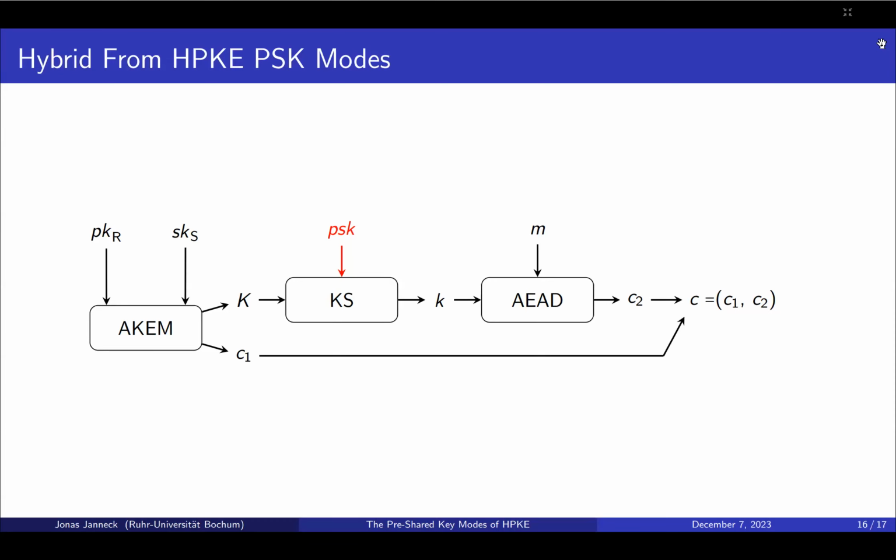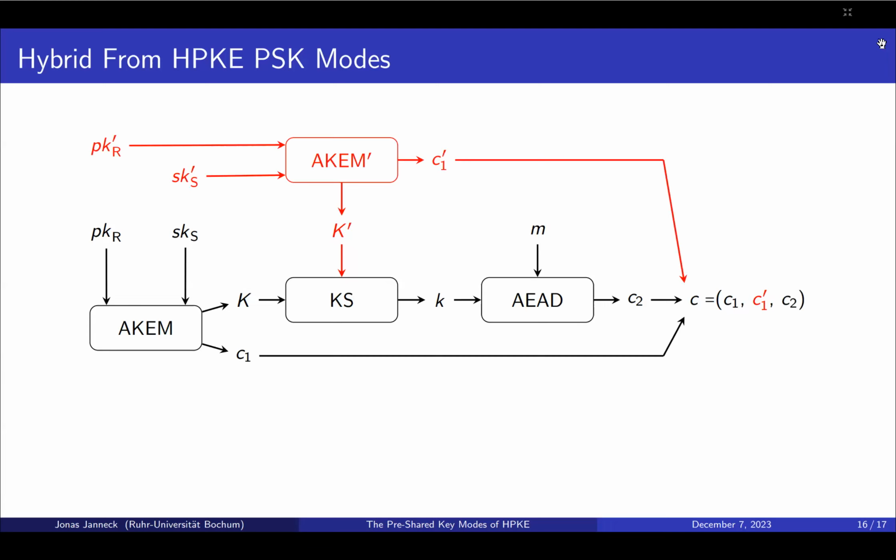So we have the standard HPKE, and the key schedule takes here the PSK. The idea is now to replace this PSK by an additional CAN, so that the key schedule now takes the shared secret of the second CAN, and the ciphertext also includes the ciphertext of the second CAN.